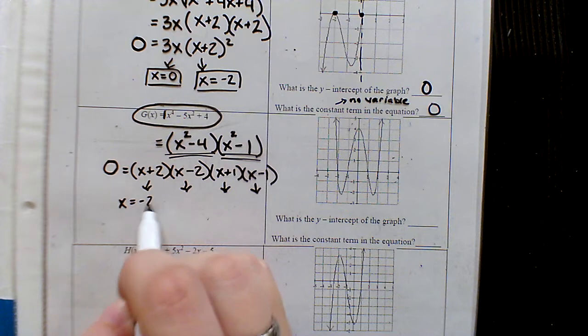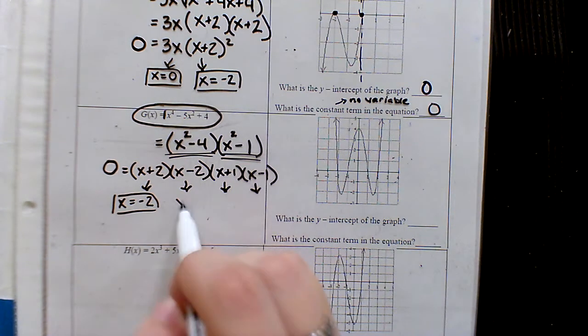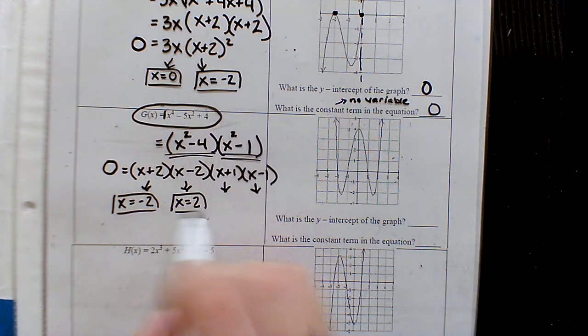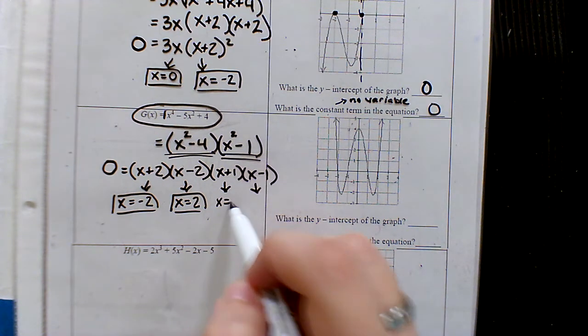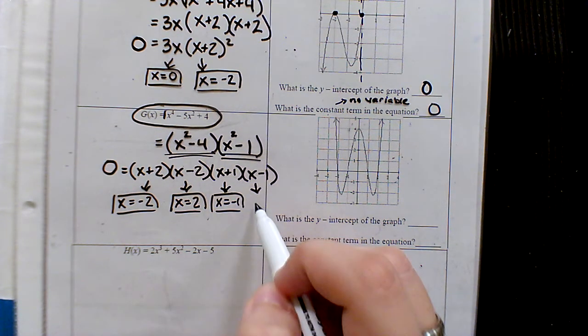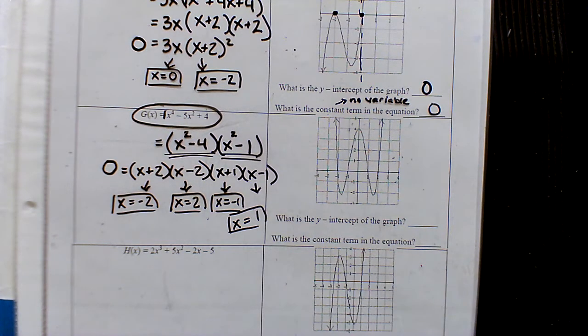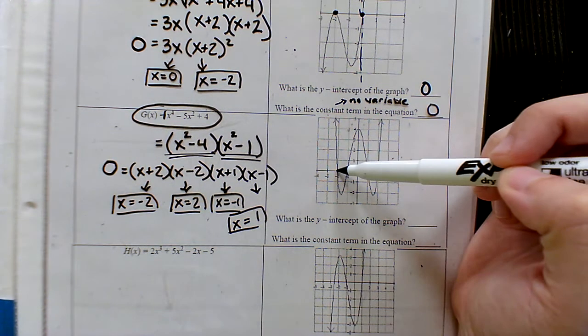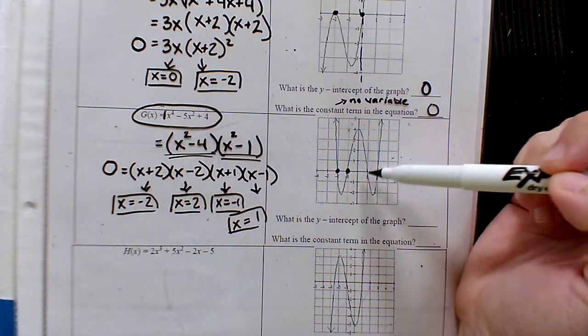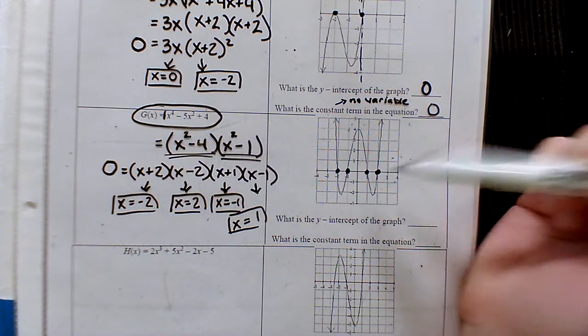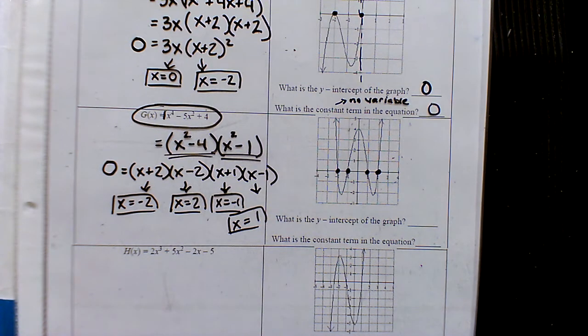Looks like we'll have -2 from the first factor, and then +2 from the second, and then -1 from the third, and +1 from the fourth. So graphically speaking, these should represent the x-intercepts, and if you take a look at the graph, notice how we either cross or touch the x-axis at those spots. So it seems like our factoring was correct. We're getting the values that we should.